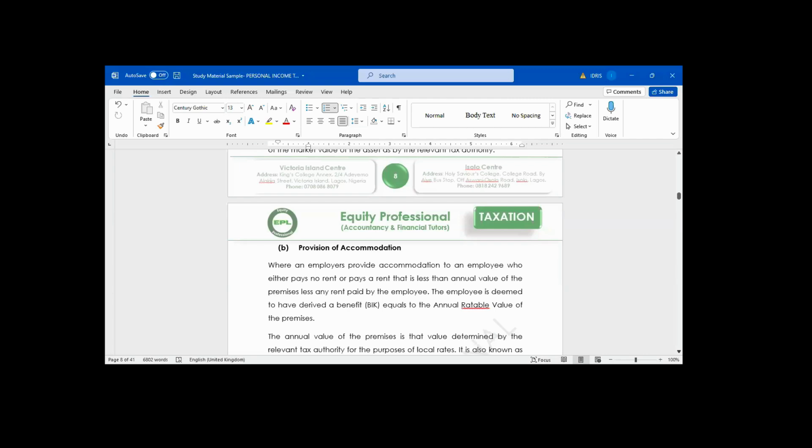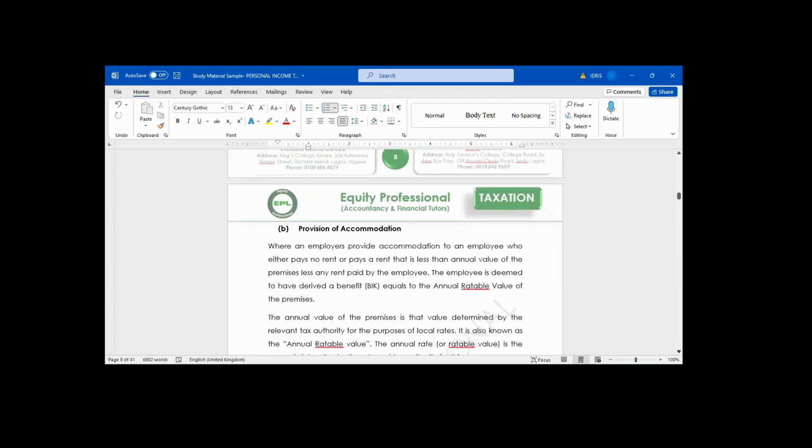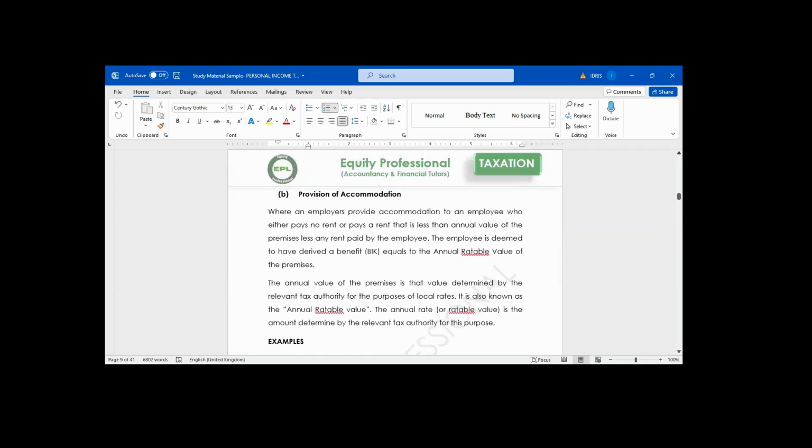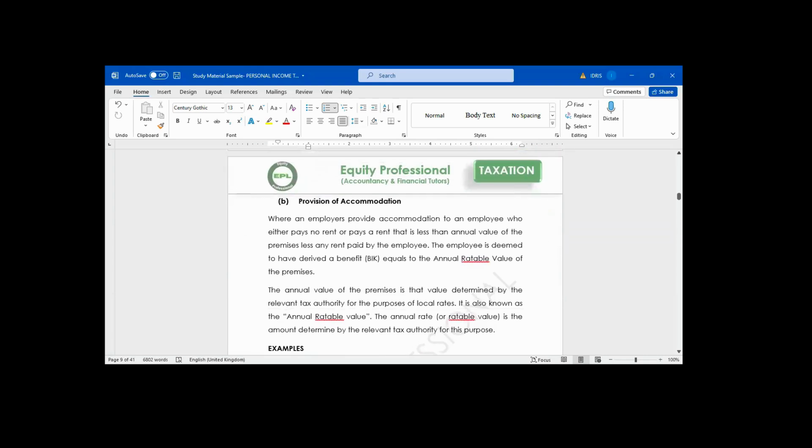It's going to be added to your income as an employee. However, if the accommodation is owned by the company, the annual rateable value means if the company want to rent the accommodation out to another party, how much will the company collect? The annual rateable value is going to be used as benefit in kind to the employee.